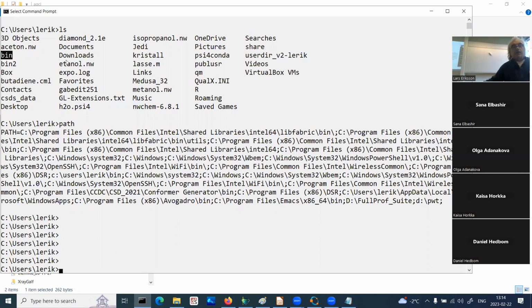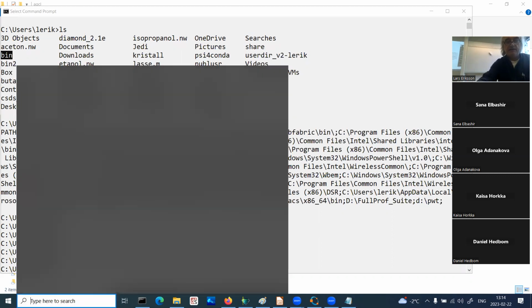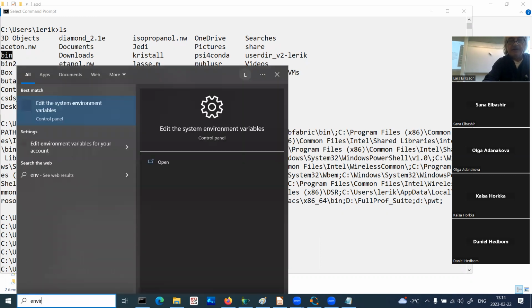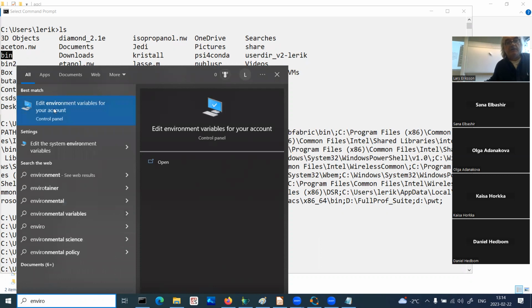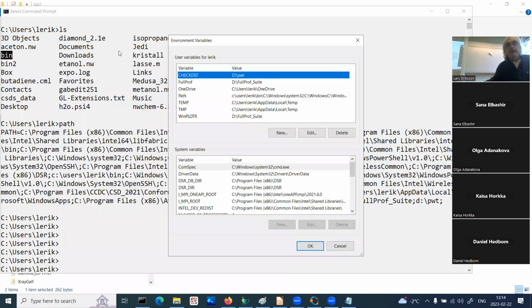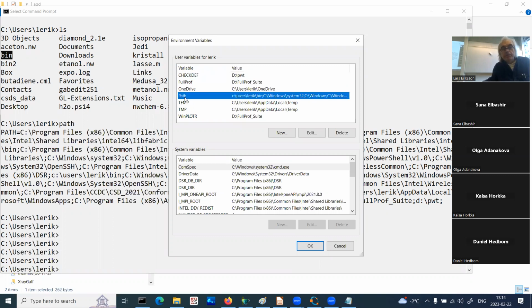Let me just show how to edit this path string. If you go to environment variables for your account, then there are both local for the account and for the system, but we can go for path and edit that one.